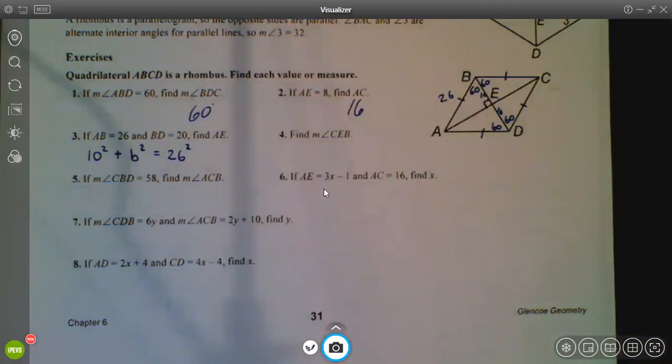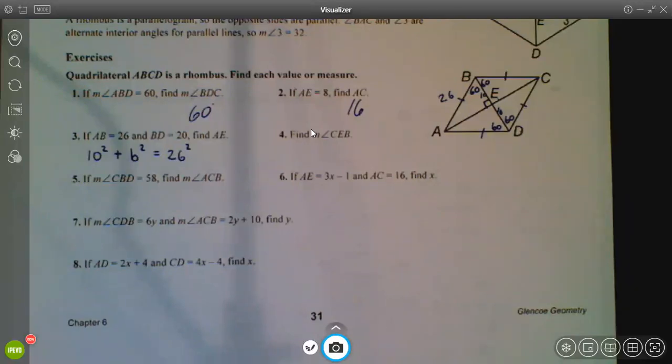So I want to jump down to number 6. I want to look at 6 and 8, and we're going to call it a day. So look at number 6. If AE was 3x minus 1, so that's this guy, so he's 3x minus 1, and AC is 16. The whole thing is 16. How could we solve for x?